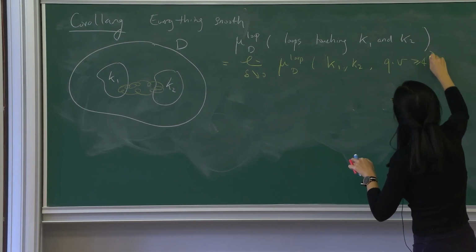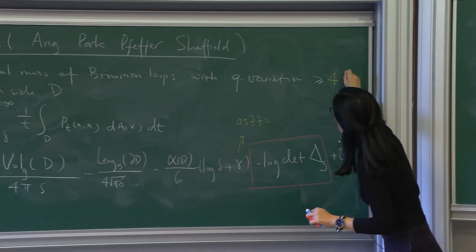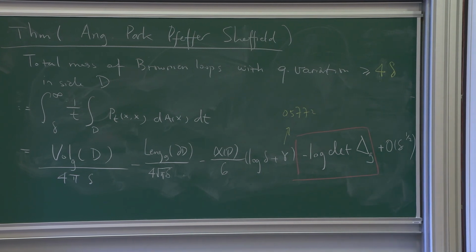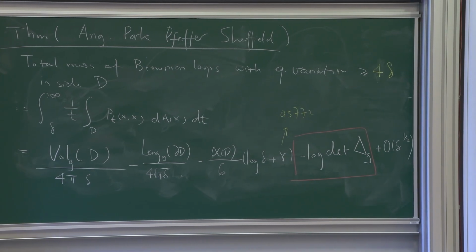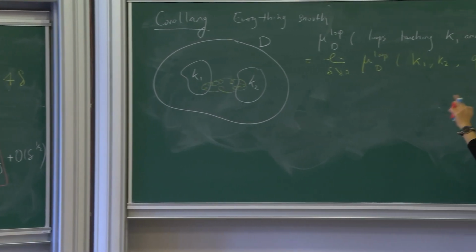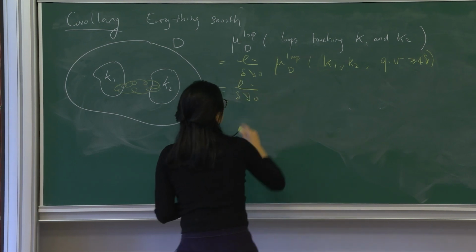For delta positive, it equals exactly this term. I'm just saying this will be a limit if I truncate less and less.